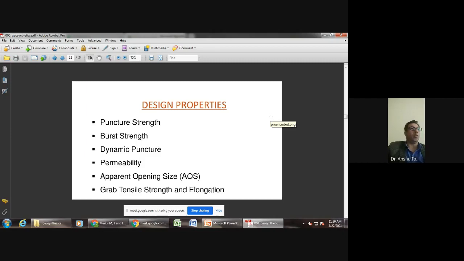And there comes the role of the puncture strength, burst strength, dynamic puncture, permeability, apparent opening size, grab tensile strength, and elongation. So they all have got their own importance.